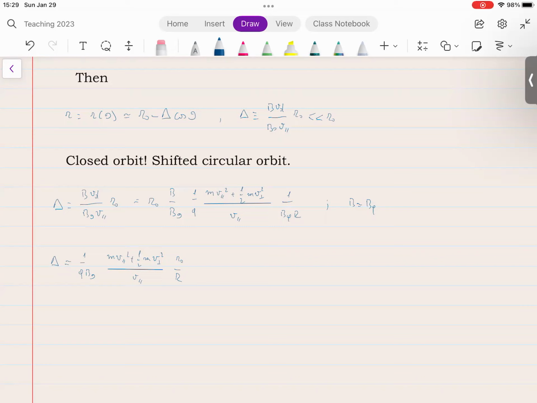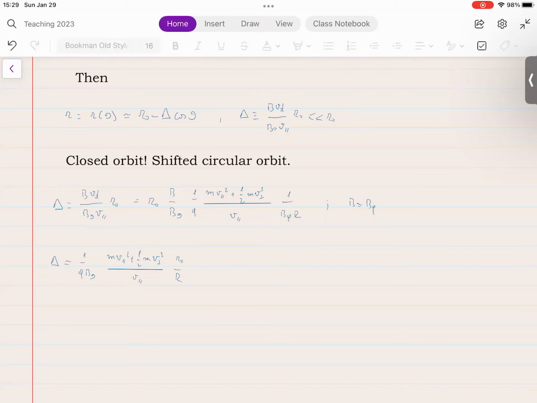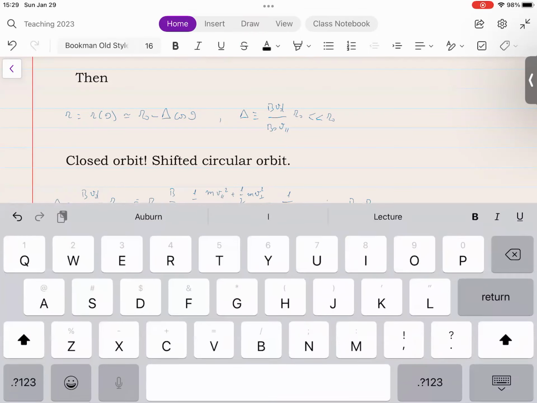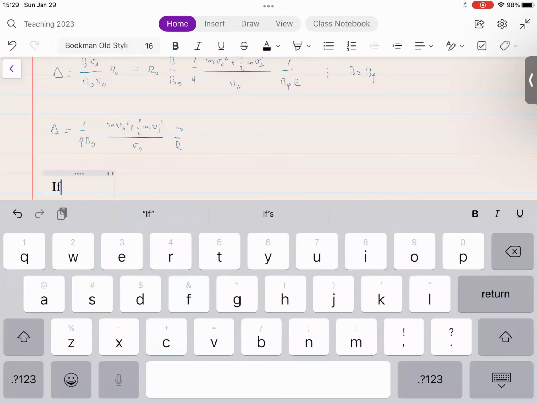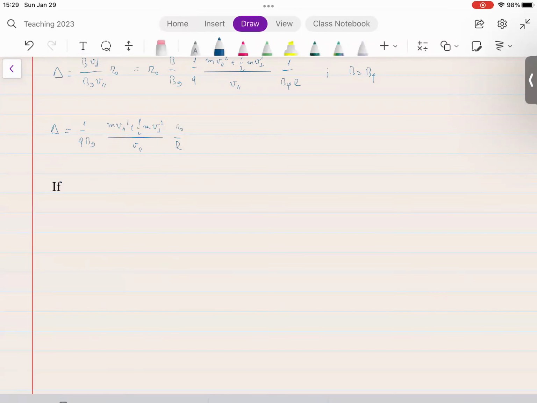All right. Now, one more thing. I'm going to simplify this expression. Notice that here I also have V perp, which I ignored earlier. But if V perp is 0, then I can further simplify this expression for delta into the following.